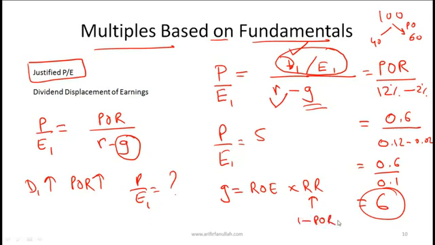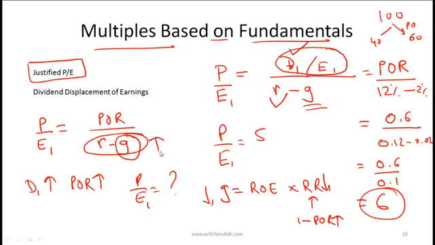So if the payout ratio is going up, the retention ratio is going down. If the retention ratio is going down, the growth rate is going down. If the growth rate is going down, this whole denominator is going up.